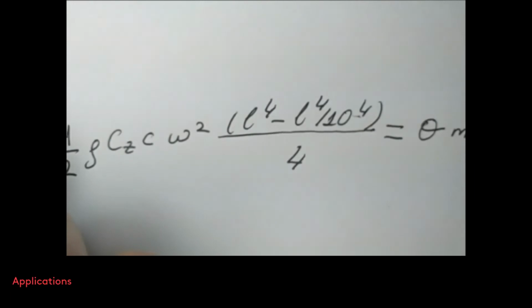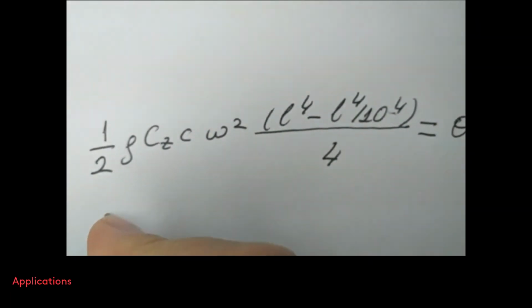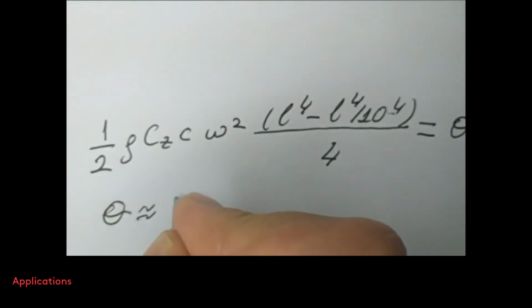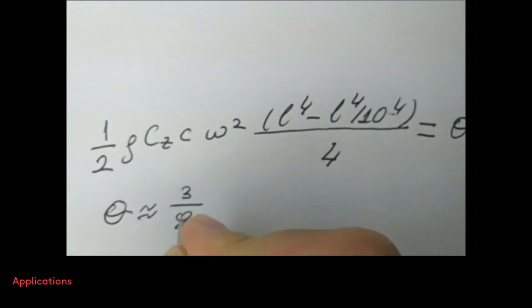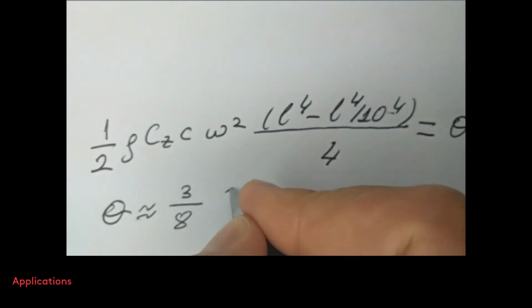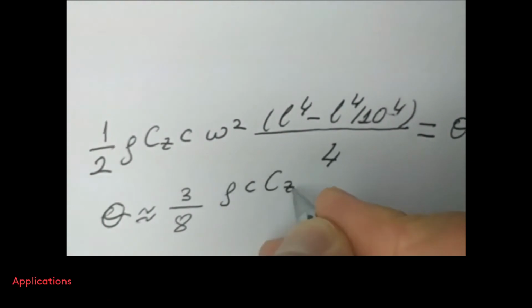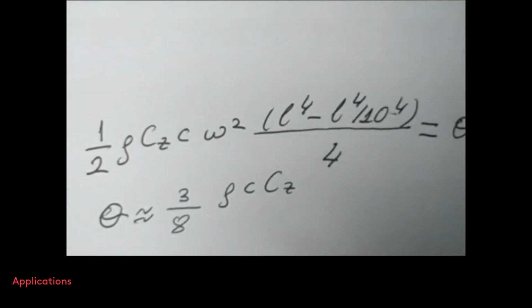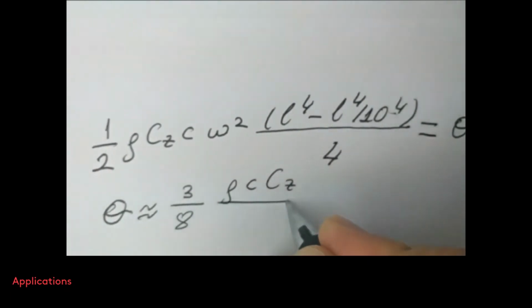Theta is approximately 3/8 rho c Cz divided by m multiplied by L.